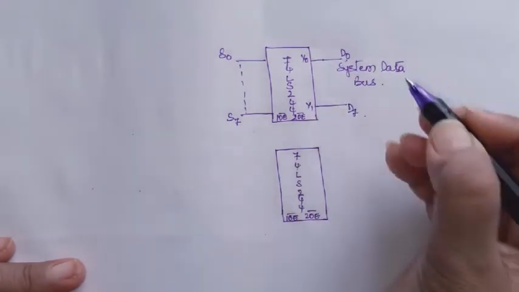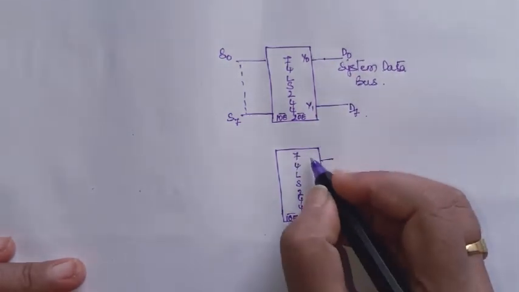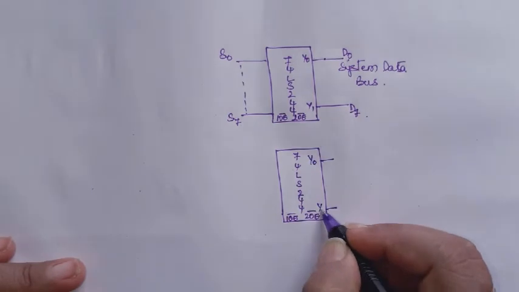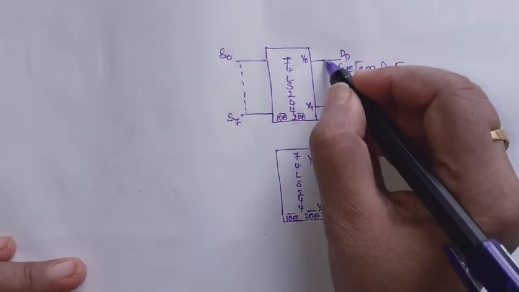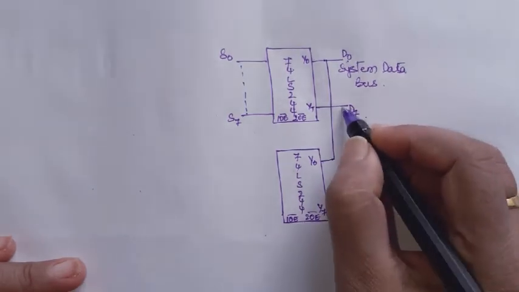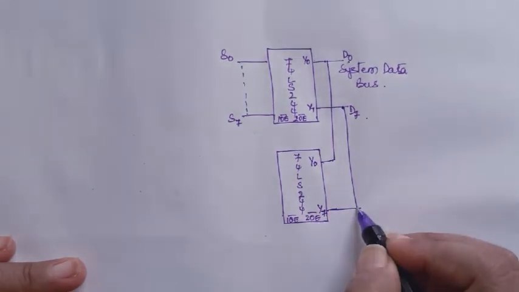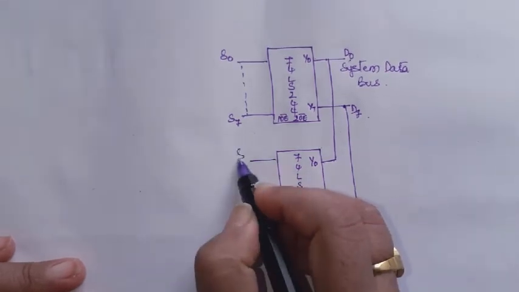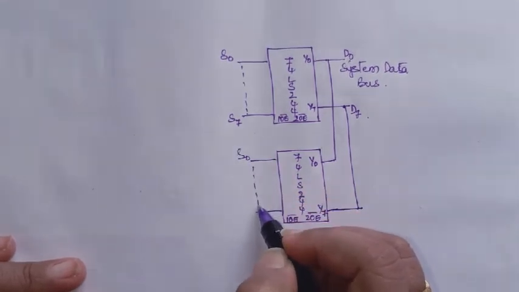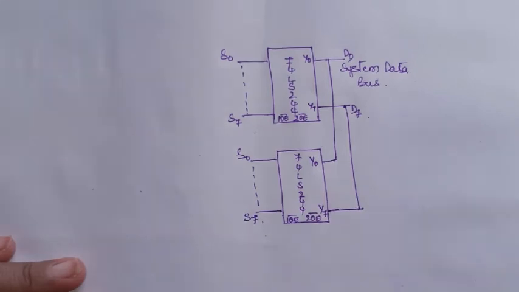This also has Y0 to Y7, which is again connected to the same system bus, and here another set of switches is there from S0 to S7.